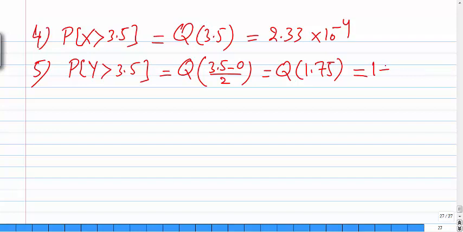So what you have to do is use the complement, that is 1 minus phi of 1.75, so you have to use Table 3.1. When you plug in the values, you get the answer, that is 0.0401.